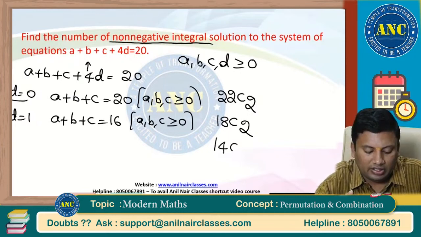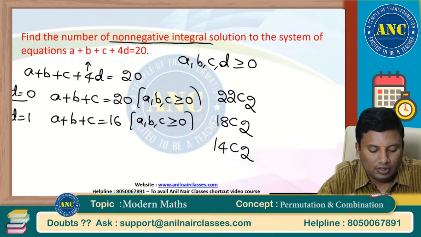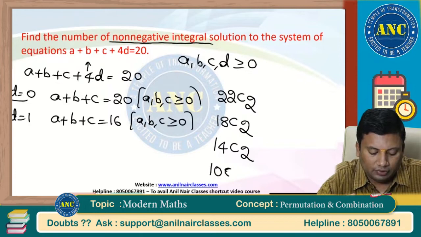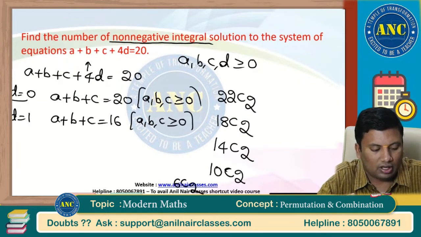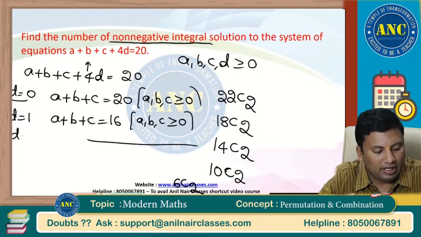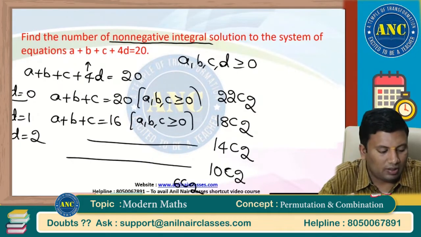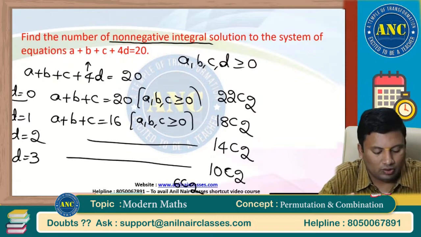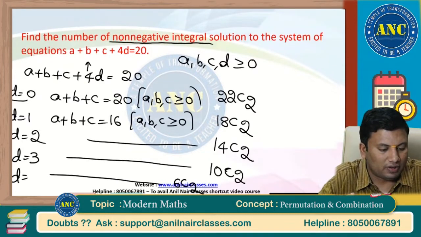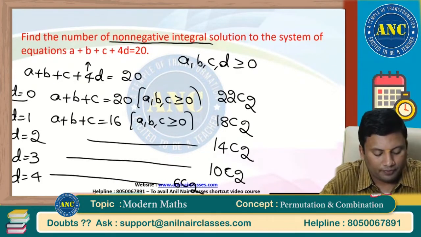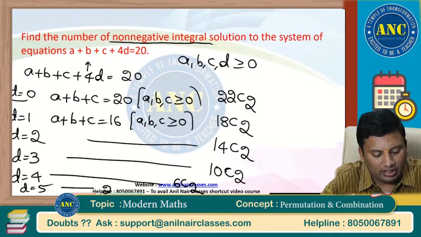Again 4 decrease, 14C2; again 4 decrease, 10C2; again, 6C2. That is D equal to 2, 3, 4, and again D equal to 5, 6 minus 4, 2C2.